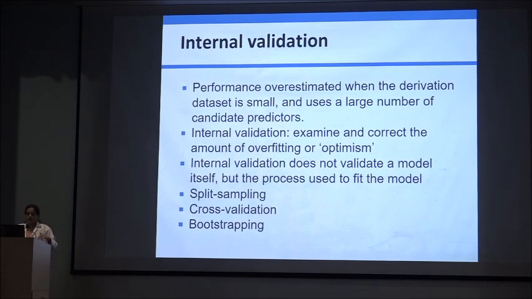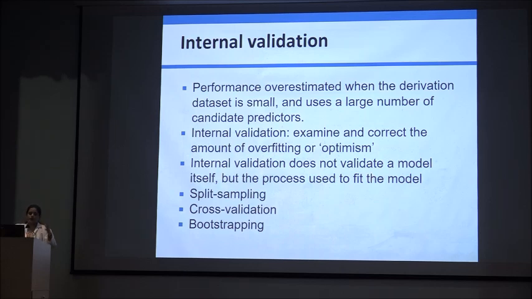Now, once you've derived your model, you have your model before you, now you have to set out and validate it. And you can do validation as a narrow validation or as a broad validation. When we talk about narrow validation, what it means is that we are usually validating it within the same setting where we derived it.